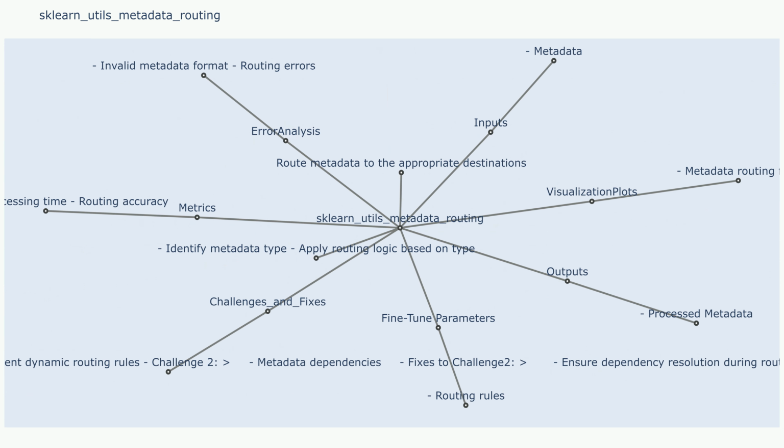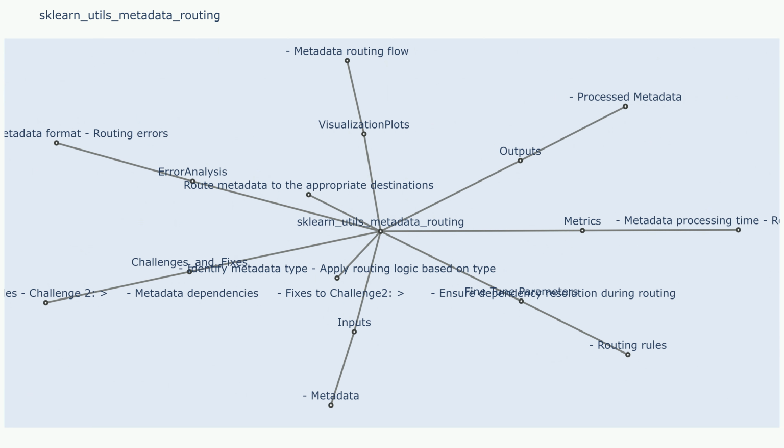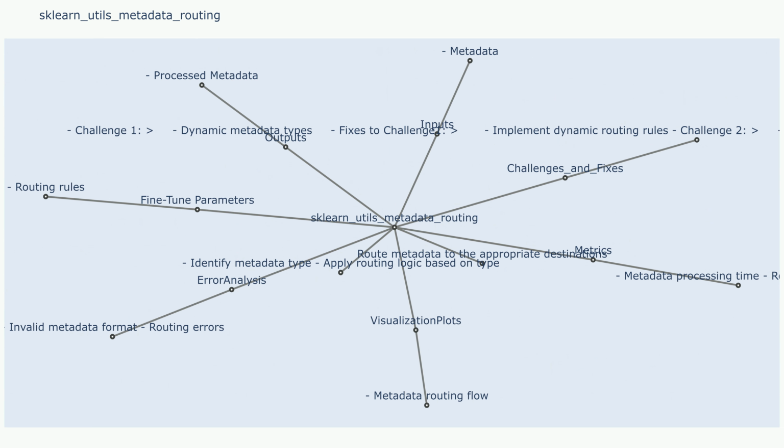Metrics: metadata consistency: the function helps maintain metadata consistency throughout the model pipeline, reducing the chances of errors due to incompatible data types or dimensions. Visualization plots: data flow diagram: the metadata routing mechanism can be visualized as a data flow diagram, showcasing the movement of metadata through different stages of a model pipeline.